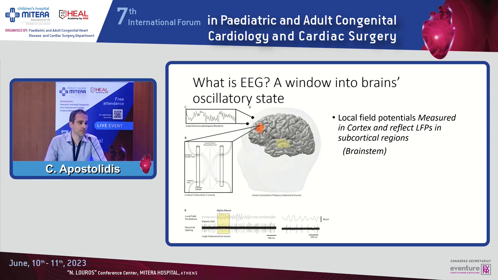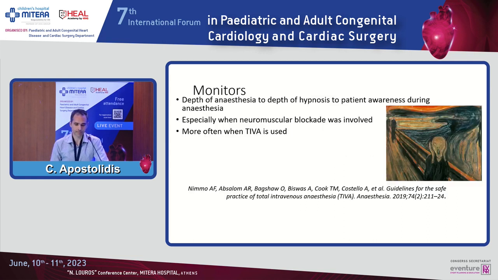But the cortex does not act by its own. It is interconnected with the deeper structures, the brainstem. So the EEG actually gives us a global understanding of how the brain works.